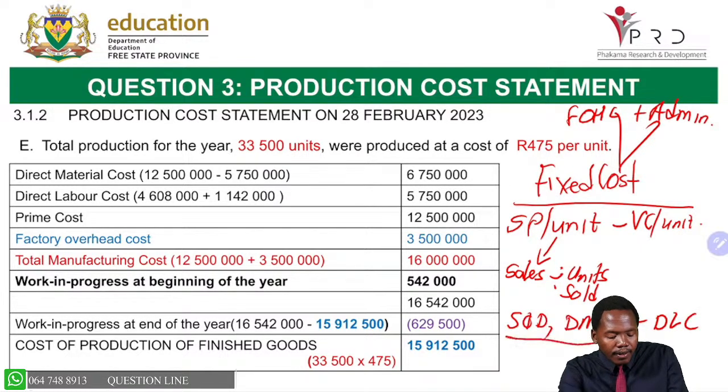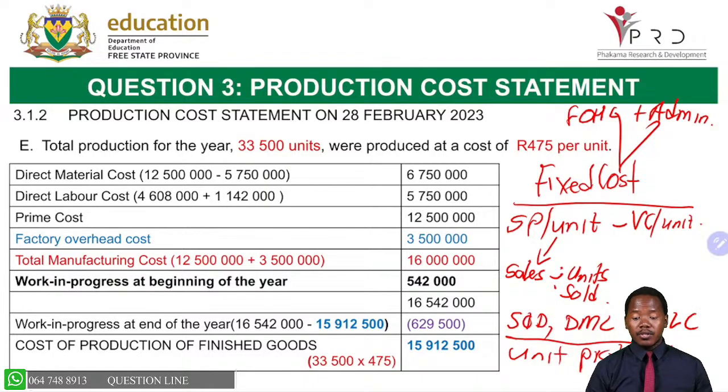All of these divided by units produced. Selling and distribution plus direct material cost plus direct labor cost, divided by units produced. And then we get our variable cost.